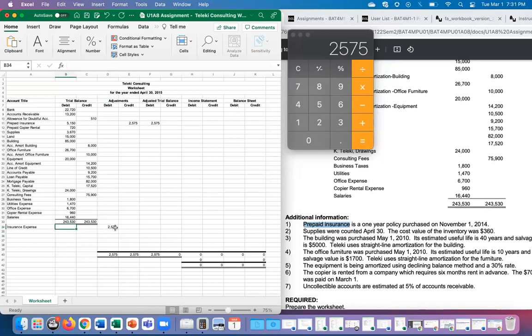And then we debited 2,575 into it. So all we do is carry that debit total into the debit column here. So 2,575 into the debit column as well. And that just keeps track of how much we've spent on insurance over the past 6 months. All right, so that's good.